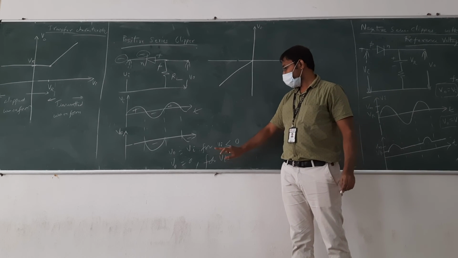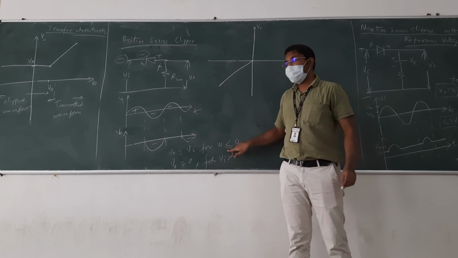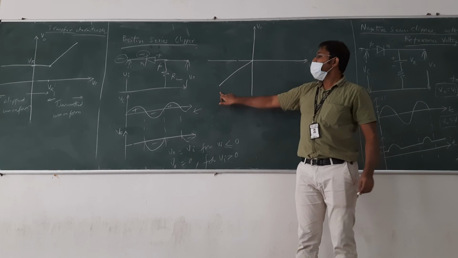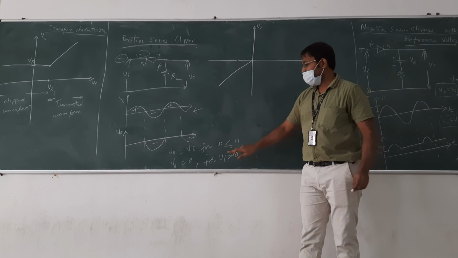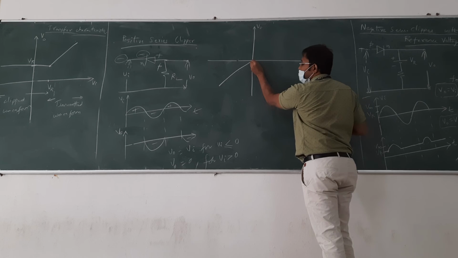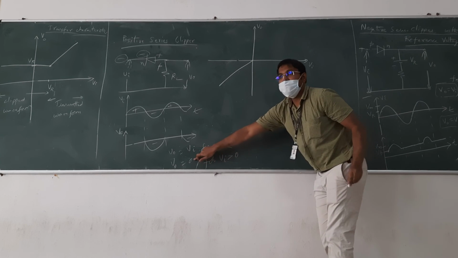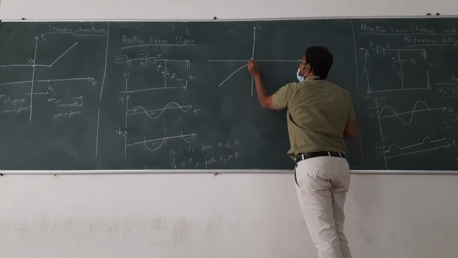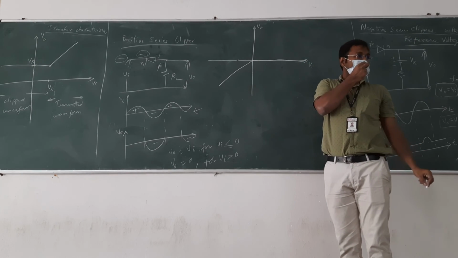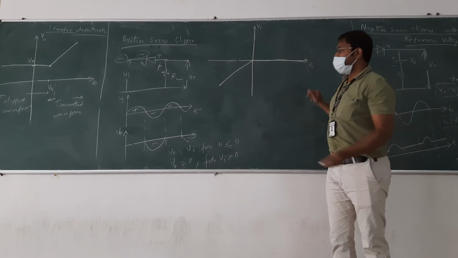For Vi less than or equal to 0, V0 is Vi. So we will get like this. For Vi greater than 0, what is happening? V0 is 0. So the corresponding y displacement is 0, meaning we are traveling along the x-axis. So the graph will be like this.